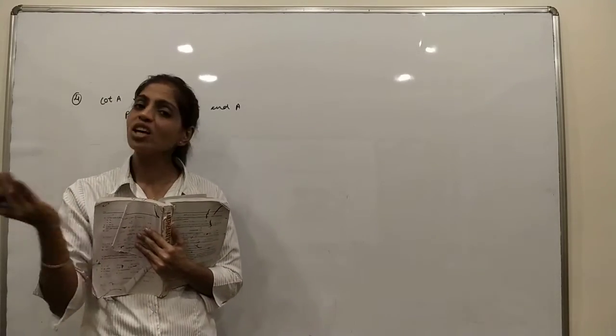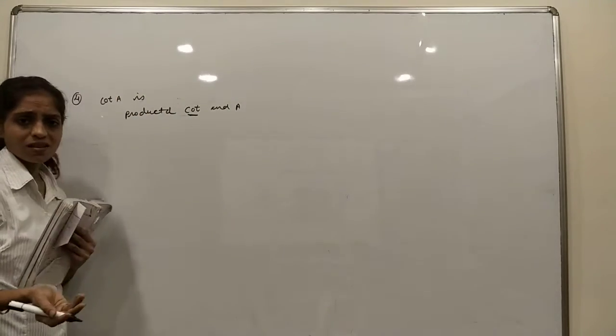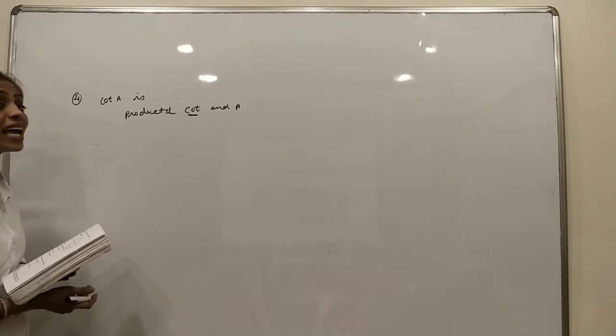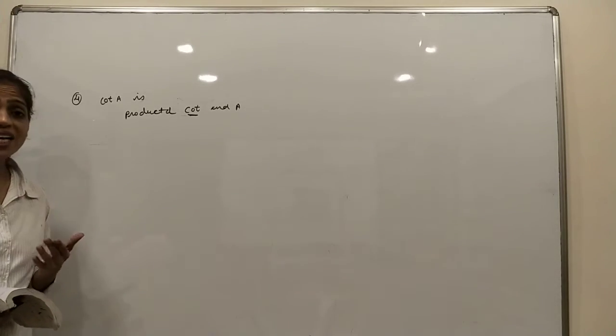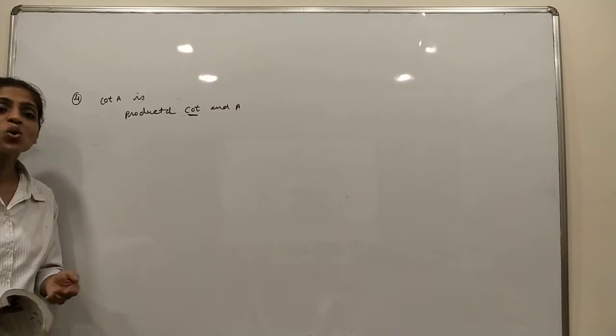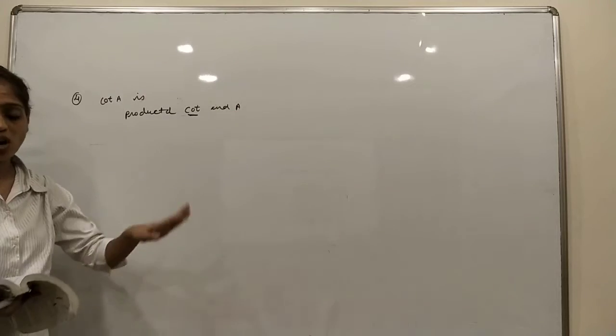Cot and theta we cannot separate, right? So it is false, because cot A is a single term. Cot without any angle we cannot represent. So cot A is a product of cot and A is false.